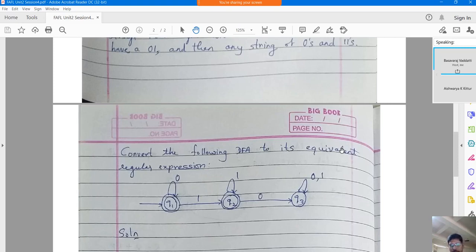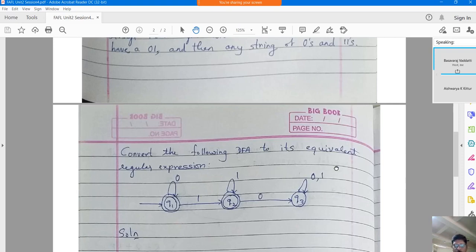In the previous example we had only one final state, but here we have two. Then how do we write the regular expression for the DFA? Is the regular expression corresponding to Q1 the regular expression for the DFA, or what? That we have to see now.